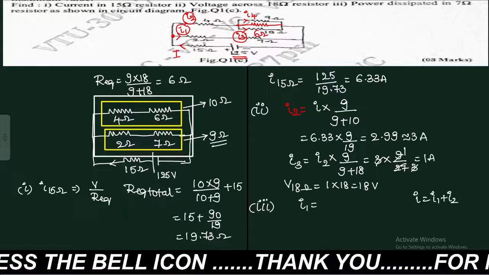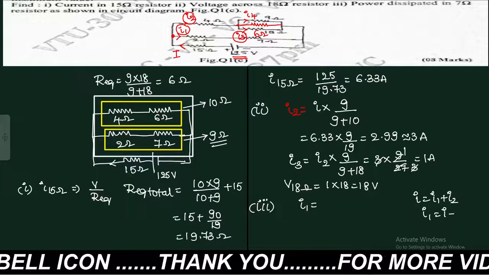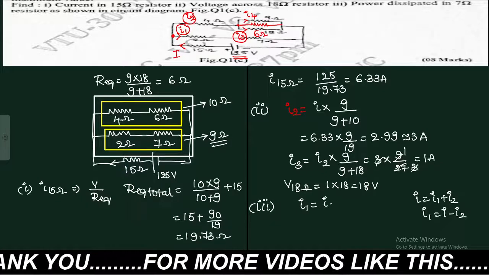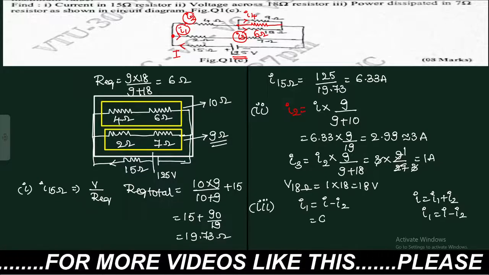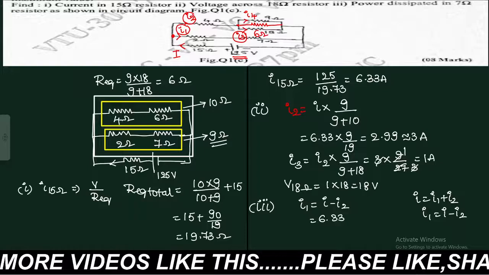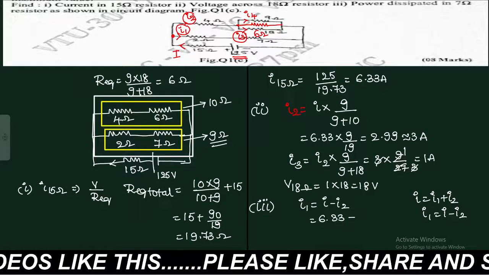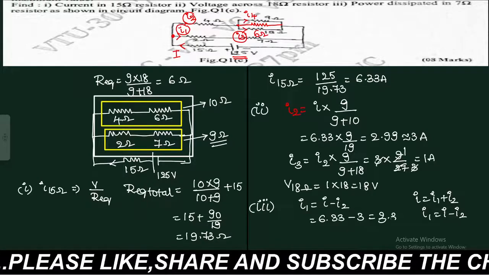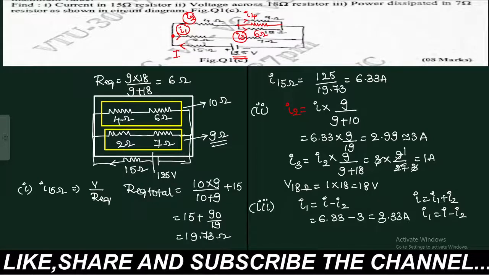Now I want I1, so that is I minus I2. You already know 6.33 is the total current, minus the I2 value you got as approximately 3. So you are going to get 3.33 amperes.